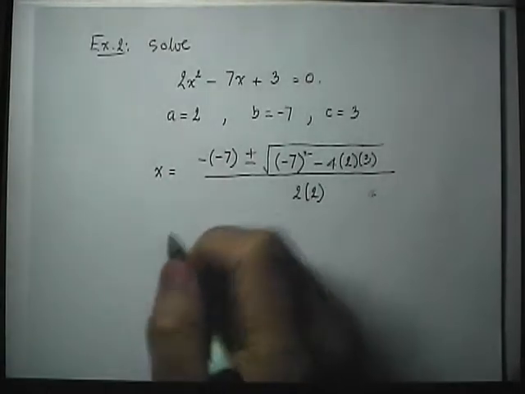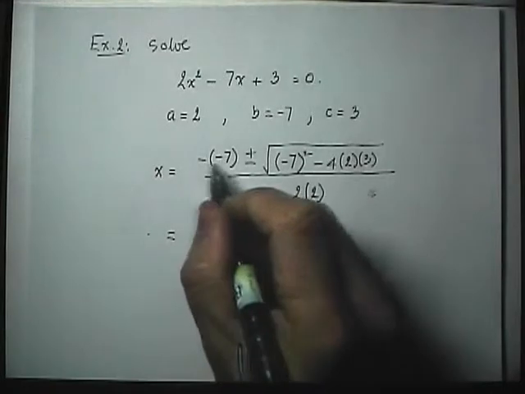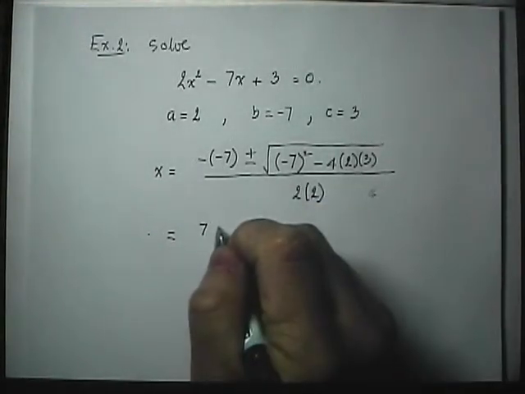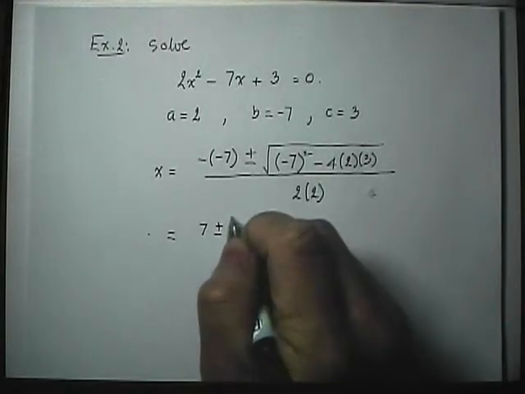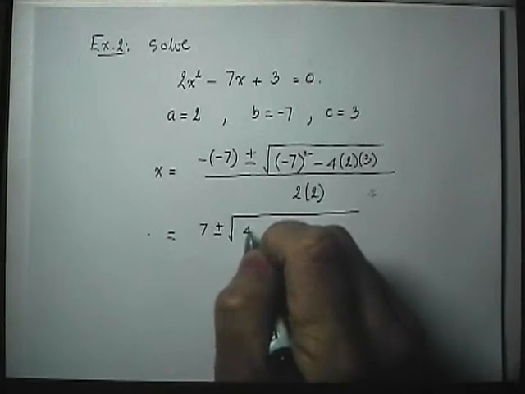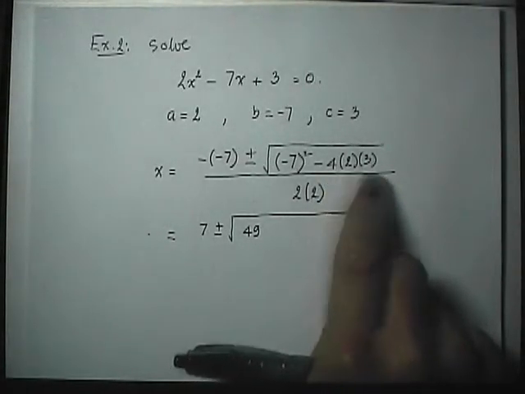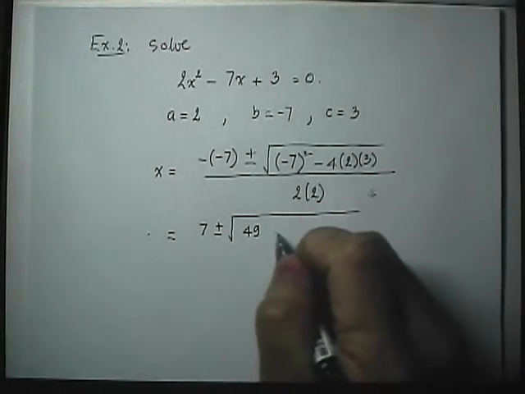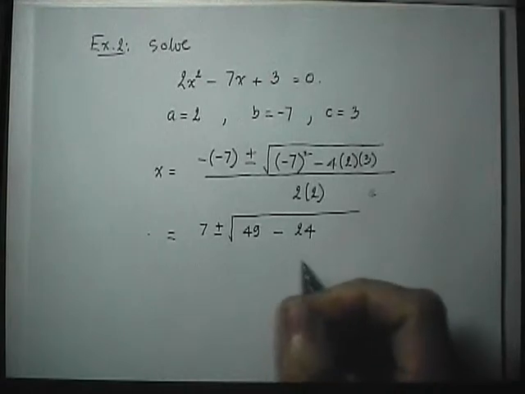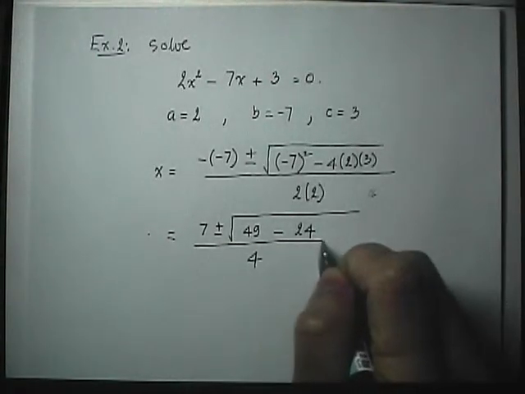And once again, let's try to work it out. So x equals, now the minus 7 is going to make it a positive 7, plus and minus the square root. This is how we're going to handle it. Negative 7 all squared is 49. Minus 4 times 2 times 3 gives me minus 24. All divided by 4 in the bottom.